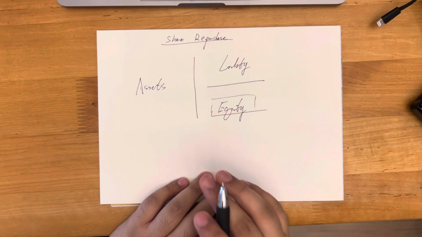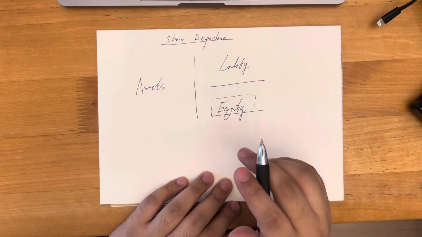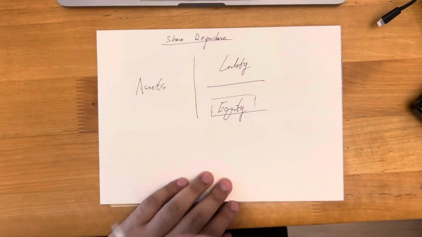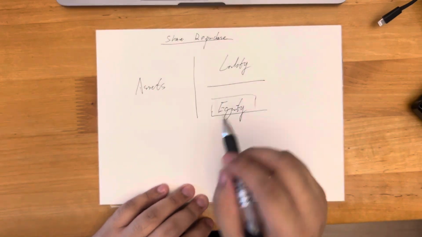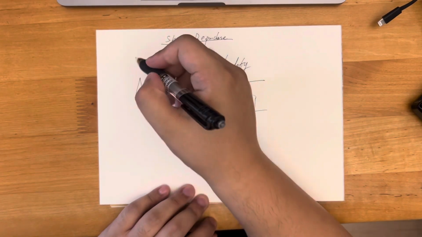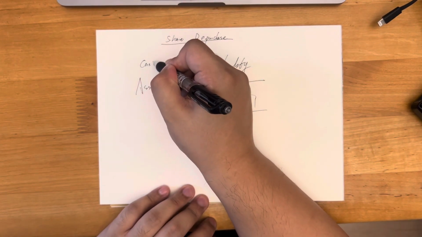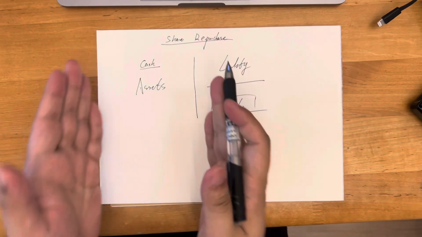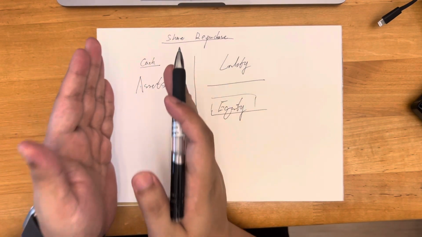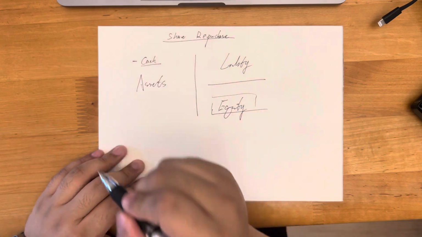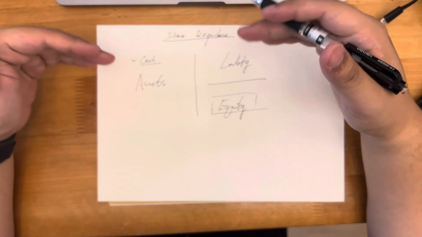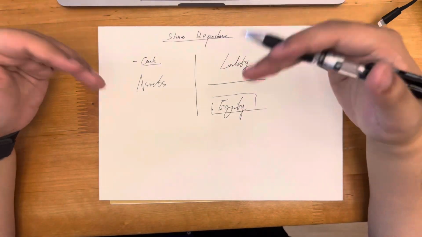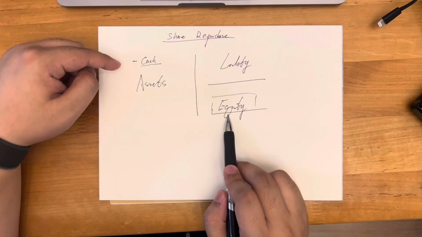But if there's a repurchase going on, you will get cash for your share, and that cash comes from somewhere. It comes from the balance sheet's assets. So the assets will be reduced, because the company uses cash to buy the equity.